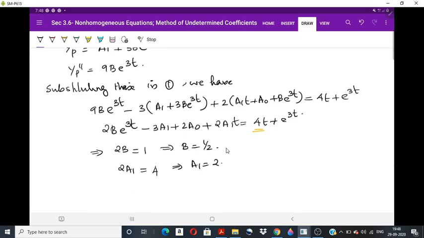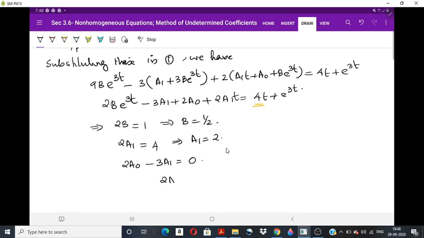Now we have to find a naught. For a naught we have 2a naught minus 3a1 equal to 0, or 2a naught is equal to 3a1. A1 is 2, so a naught will be 3.